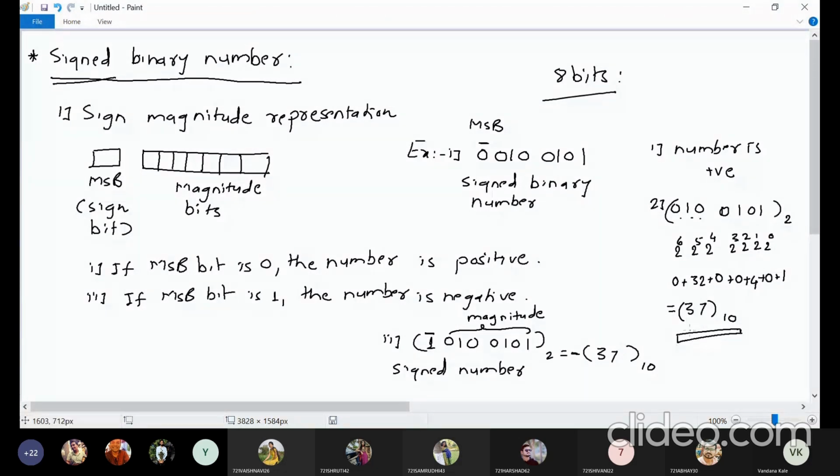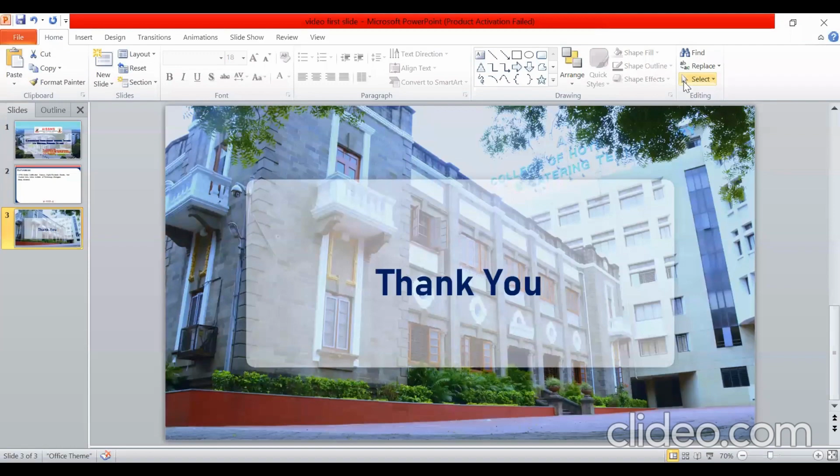But when I have to represent minus 37 in binary, in that case its MSB bit will be 1, which is for the negative sign, and the remaining bits will be the magnitude bits, which correspond to the number 37.